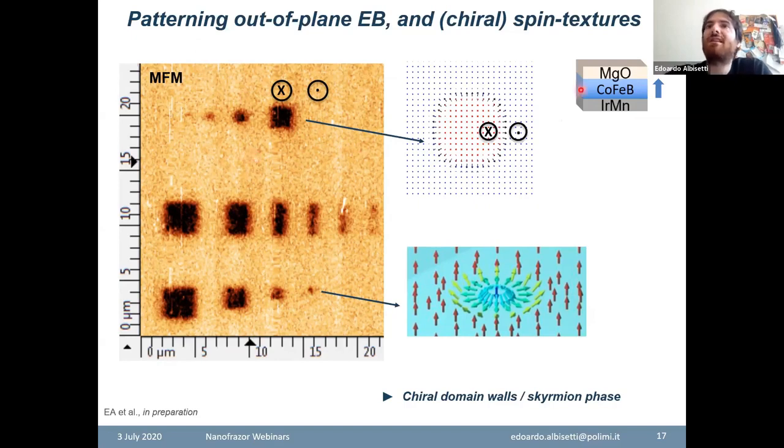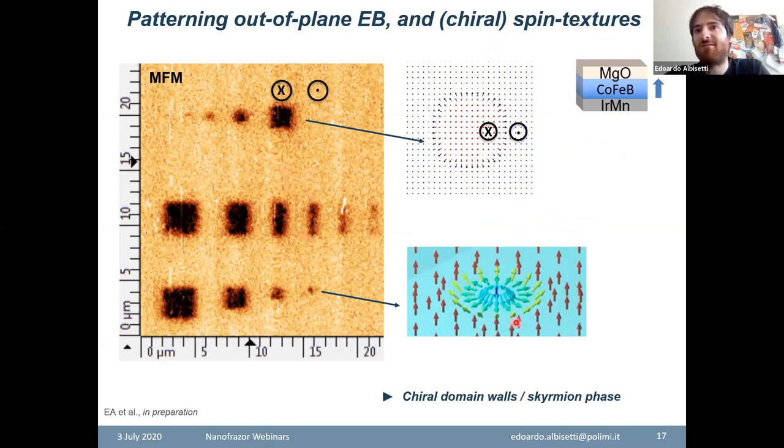The interesting thing is that in this particular system, there's not only the exchange bias interaction, but there is another interaction called the Dzyaloshinskii-Moriya interaction that causes the domain walls to be chiral. That is a particular property that allows you to stabilize the magnetic skyrmion that we talked about before. So what we're doing here is writing magnetic skyrmions with a well-defined shape and location on the sample.